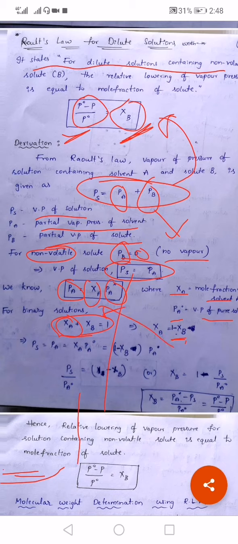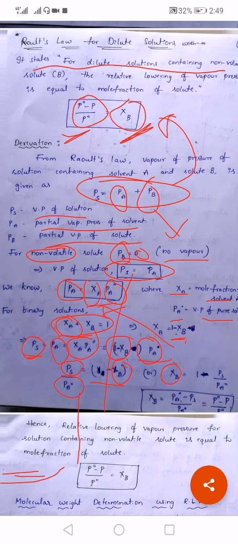Then it becomes PS equals PA equals XA PA naught, which is equal to 1 minus XB into PA naught. So just divide PS by PA naught. PS by PA naught will be equal to 1 minus XB, or just take XB to one side.